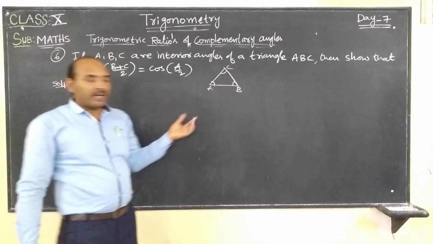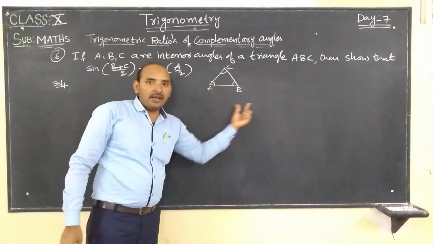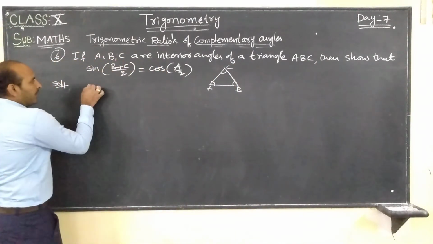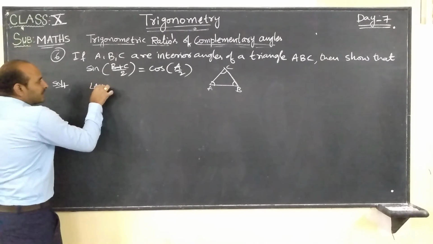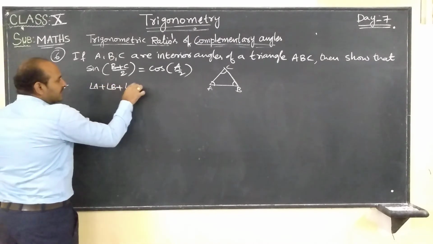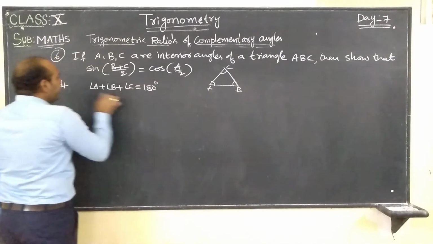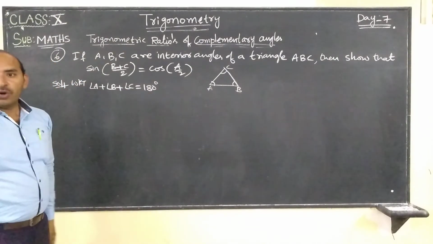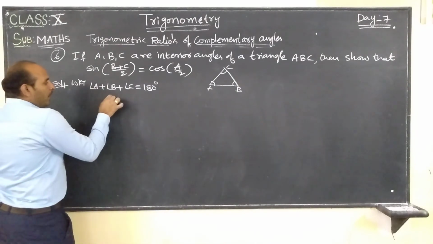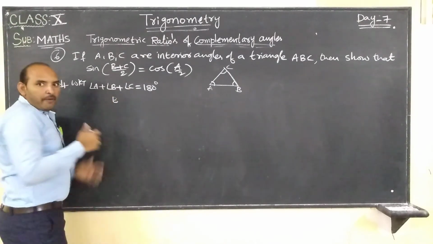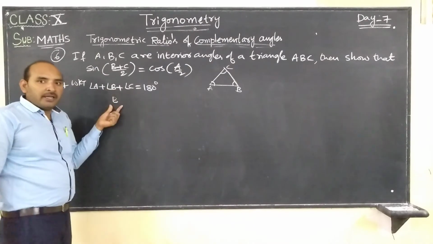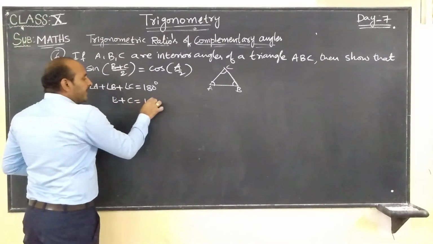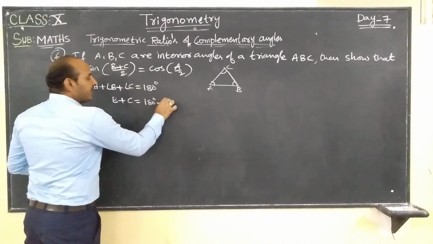We know that clearly the sum of three angles in a triangle is angle A plus angle B plus angle C is equal to 180 degrees. I want B, so for convenience, you can write B plus C is equal to 180 degrees minus A, taking A to this side.